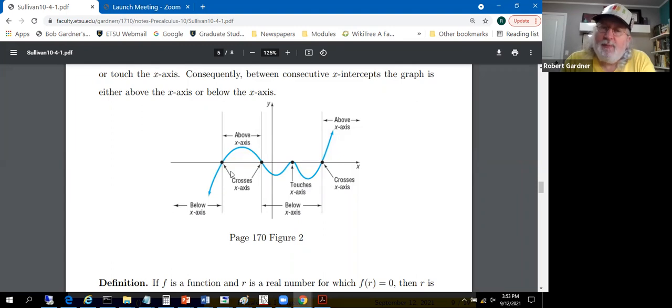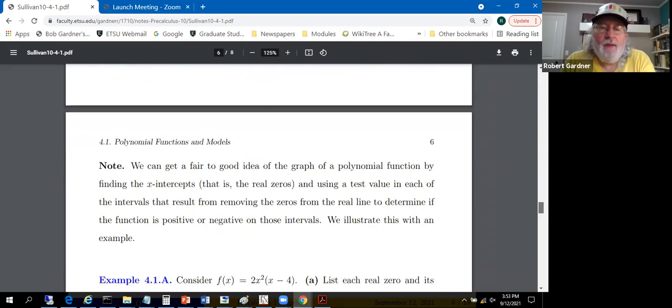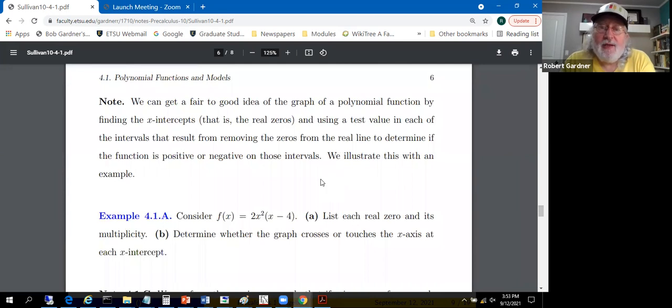So stepwise, first we'd find the black points. Next, we'd take test values and see if the curve is above or below the x-axis by seeing if the output is positive or negative from the function on those little intervals. That's what this note's trying to say.